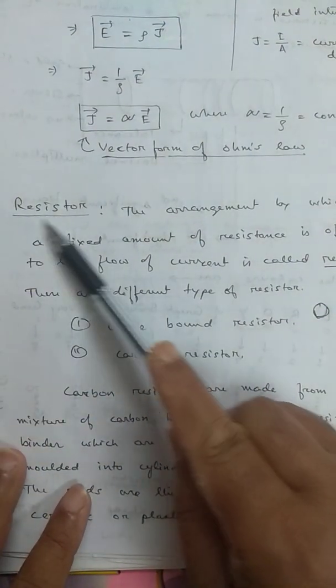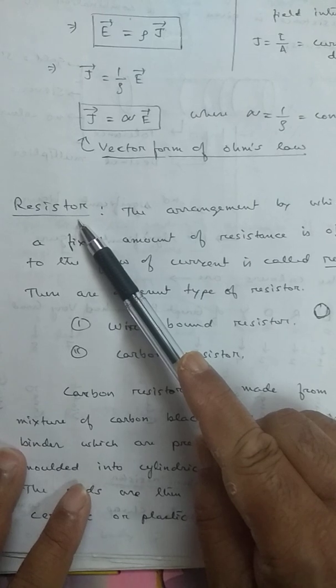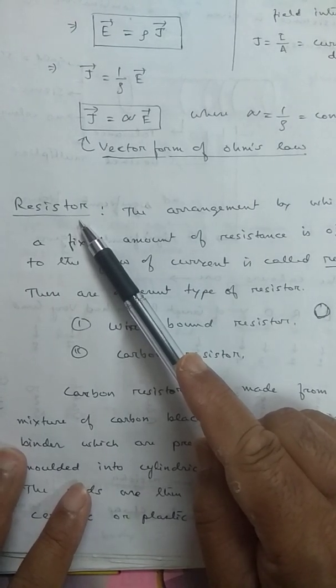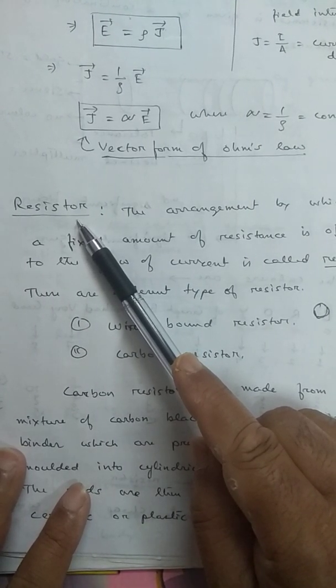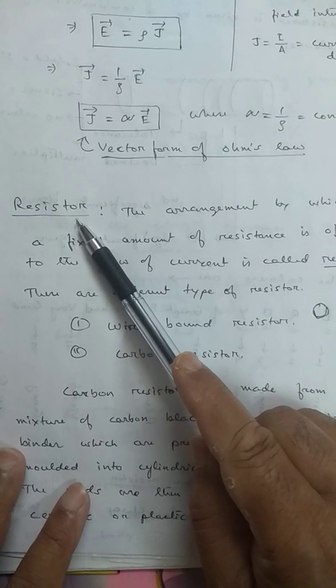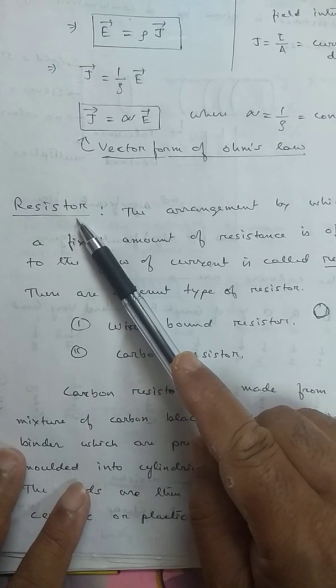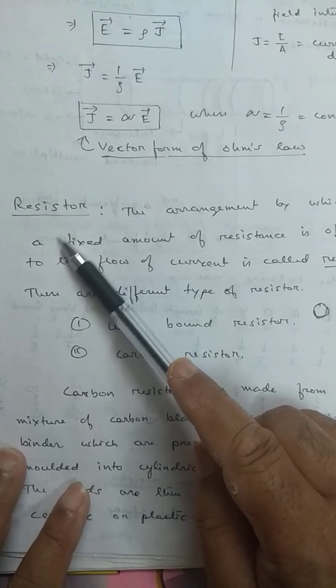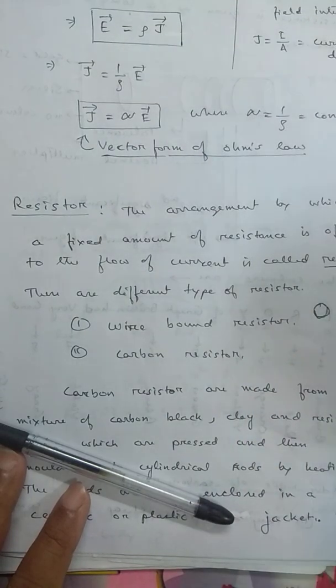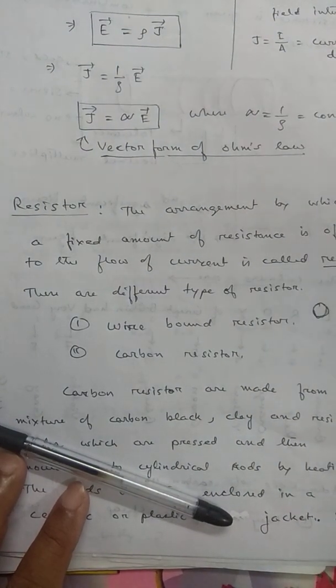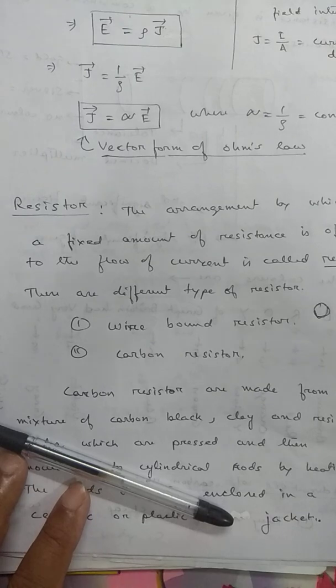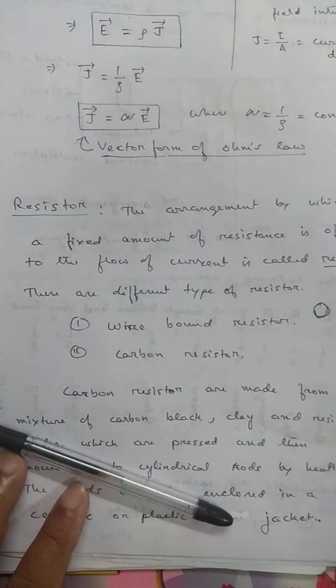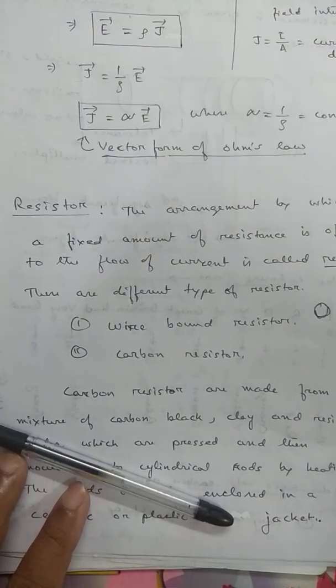Now, the next topic is the resistor. What is called a resistor? We know that every material offers a certain amount of resistance to the flow of current. But during a certain physical experiment, or in our daily life, we require a certain definite amount of resistance.